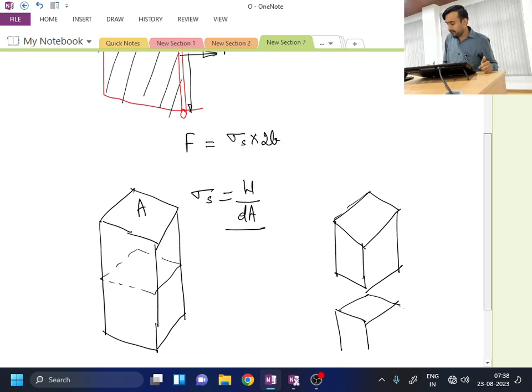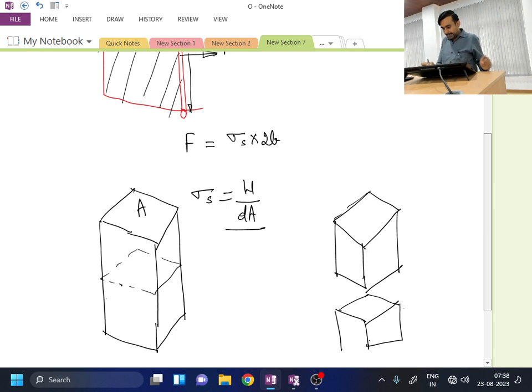Earlier I did not have any free surface here, so all the molecules only interacted with like molecules. So cohesive interactions were there. Now when I have broken it and divided it into two, I have got the formation of two new surfaces.